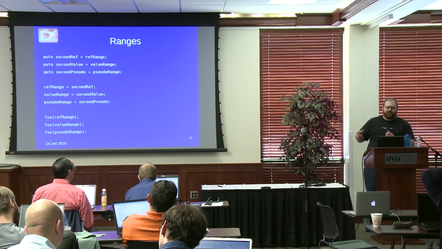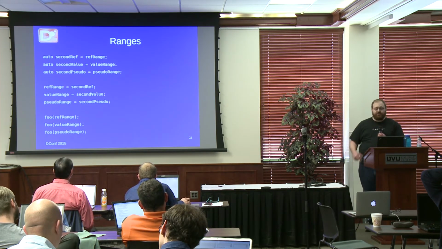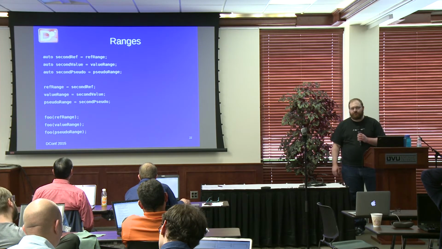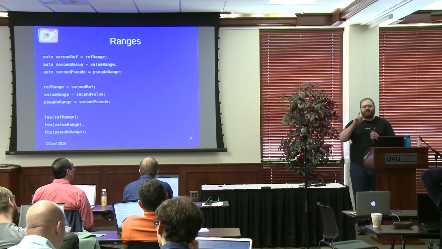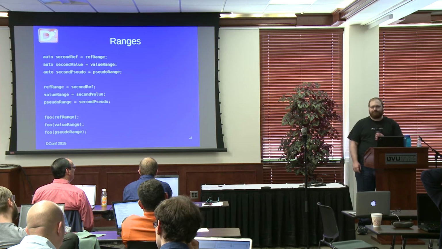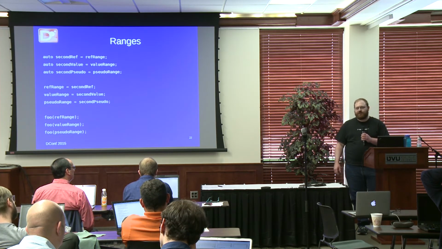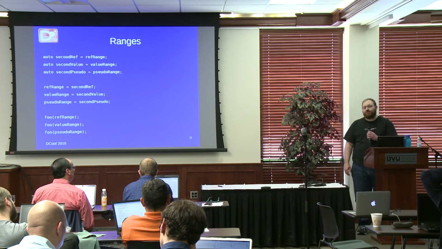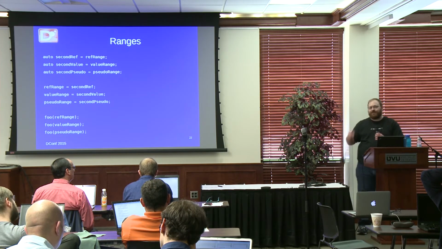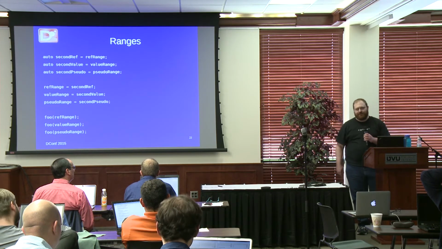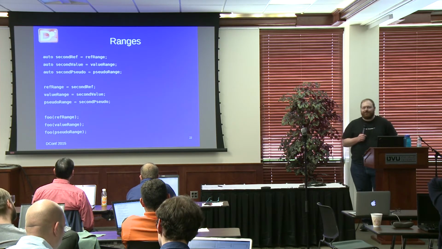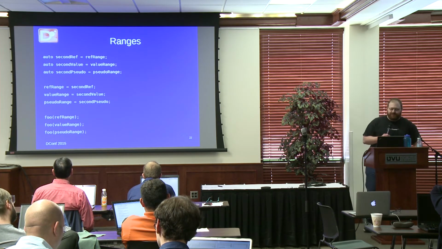So if you're iterating through second pseudo, and then you try and do anything with pseudo range, the first element is that old front. And then the rest of the elements are wherever you were in the socket, and actually you probably skipped an actual element in the socket because you read the old front and then it iterated instead of the one that had been saved in the other range.